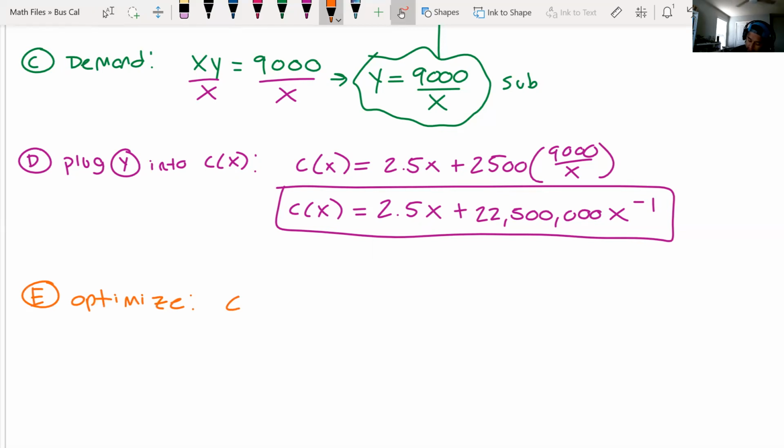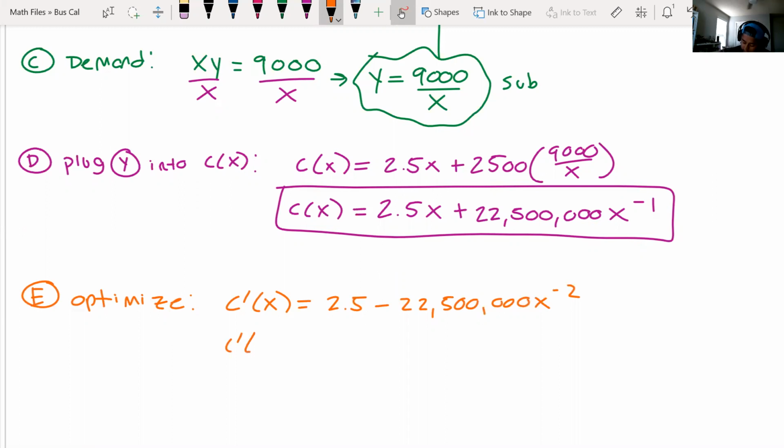Which means take the derivative. 2.5 minus 22,500,000 x to the negative 2.